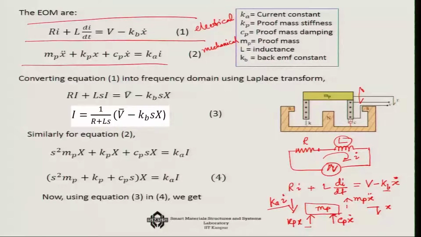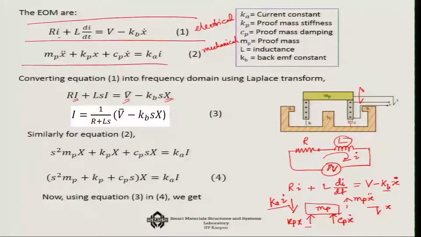What you can further do is that these are two ODEs. The first one is a first order and the second one is a second order ODE. So, you can convert both of them to the frequency domain. Then you get I as one of the frequency domain variables, capital I, capital V bar and capital X. So, I get these three frequency domain variables and a new set of equations.